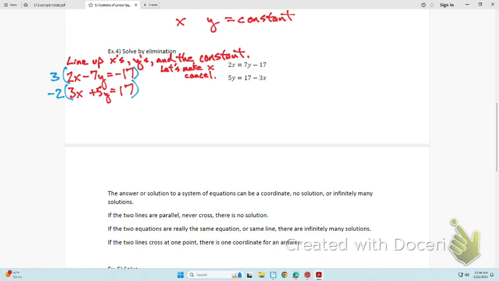So I'm going to rewrite the first equation right here, and I get 6x minus 21y equals negative 51. So I just distributed the 3. Next, distribute the negative 2, and you get negative 6x, negative 10y, and negative 34.